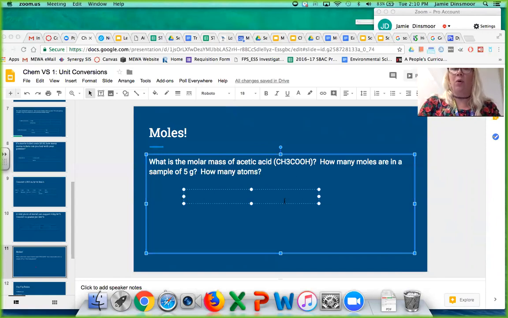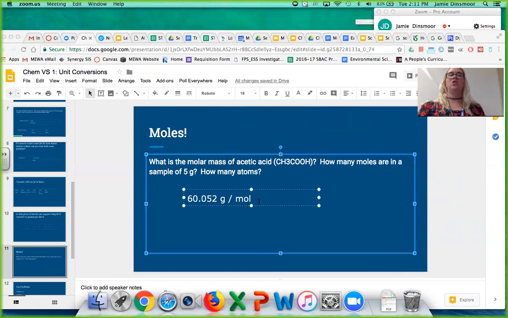It was 60.052. The units on the molar mass are grams per mole. Now, it does not say that on the periodic table, right? It actually says like some micro unit thing. No, it is grams per mole from the periodic table if you use the periodic table. So molar mass always has the same units, grams per mole.